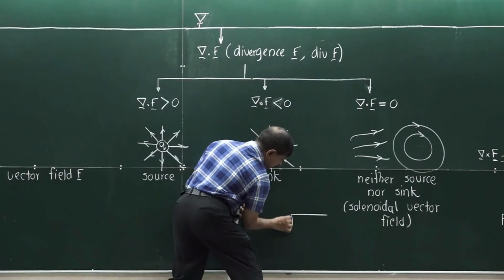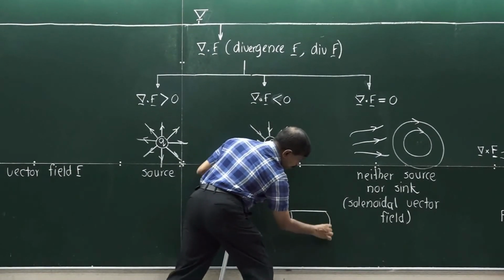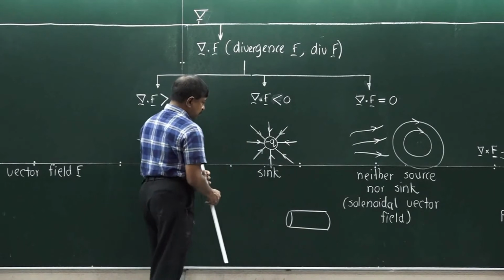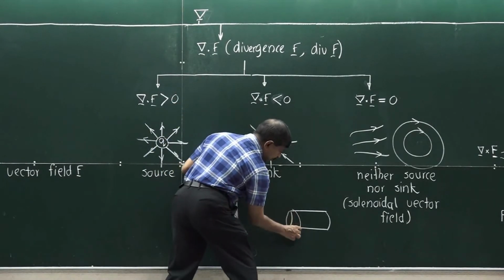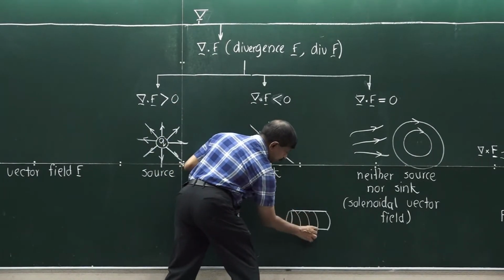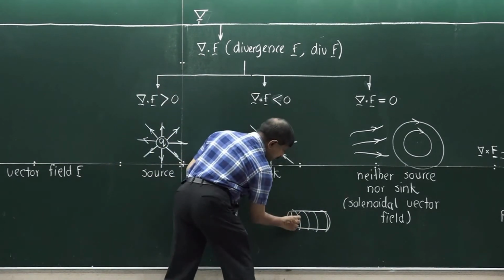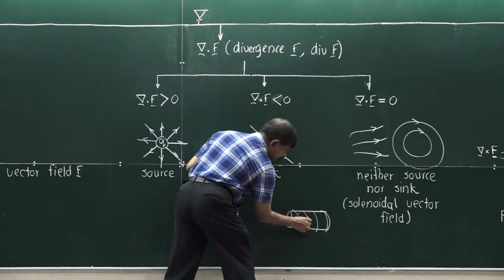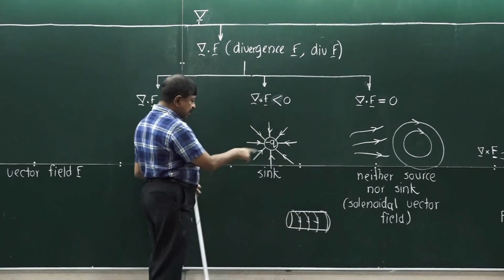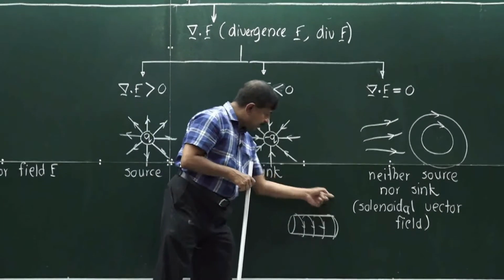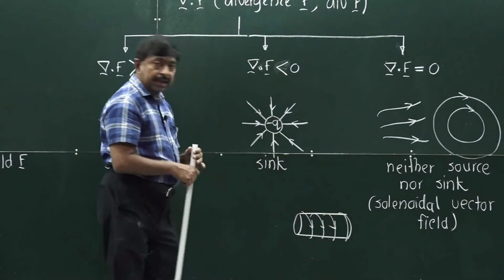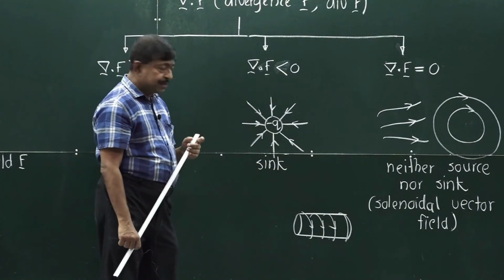A solenoid is something like a cylinder on which a coil is attached. If the current passes like this, a magnetic field is produced in that object.